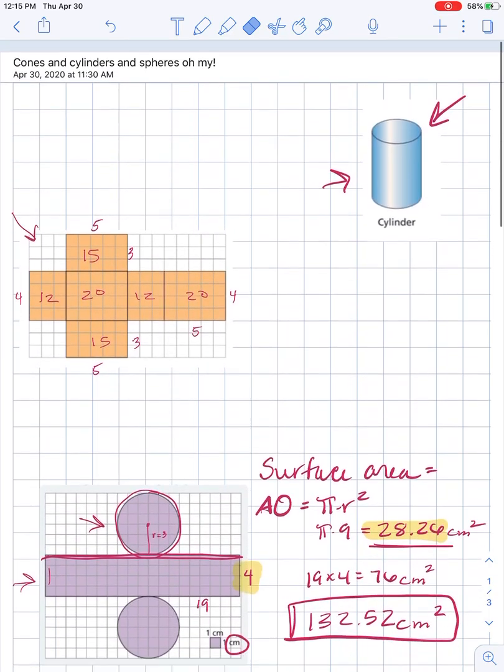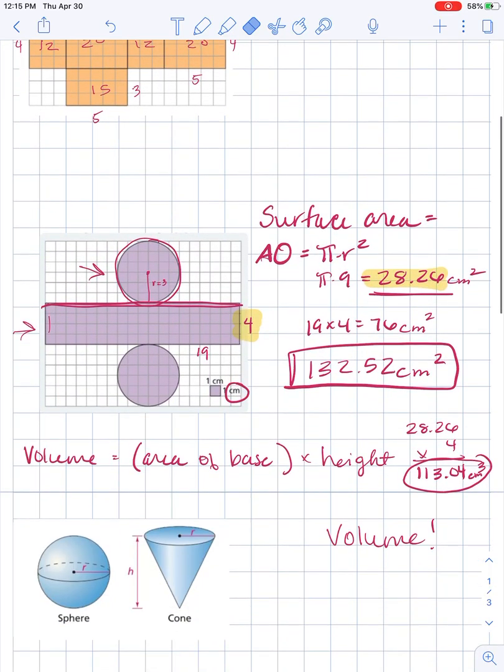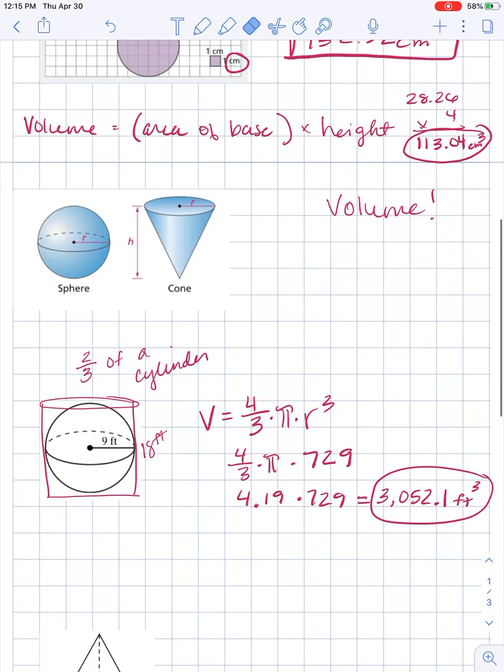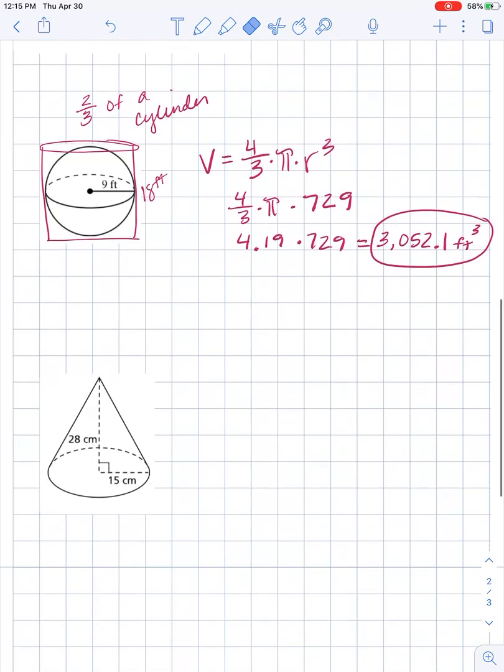So going back to finding our volume of a cylinder, it's the area of the base times the height. Our area of a circle is pi times the radius squared.